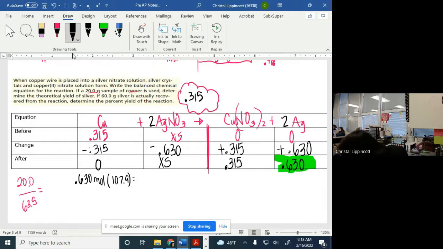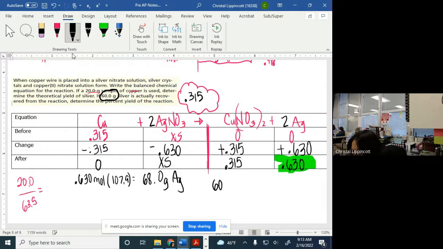that's 68.0. All right, so that's how many grams of silver I should have made. In reality, I only made 60 grams. Circle that very well. Do you see the 60 here? This is how much we actually made.